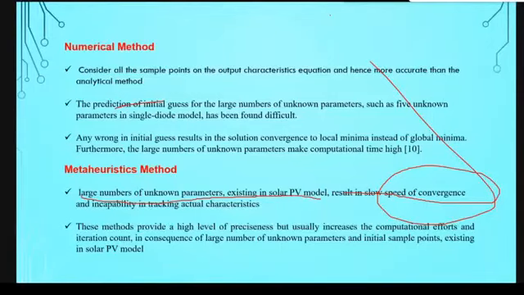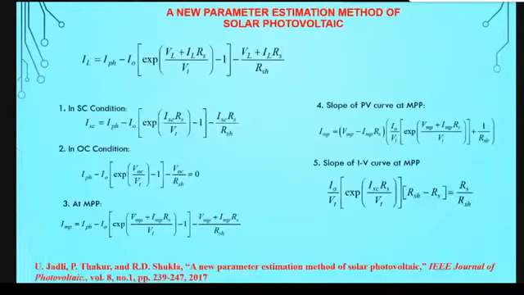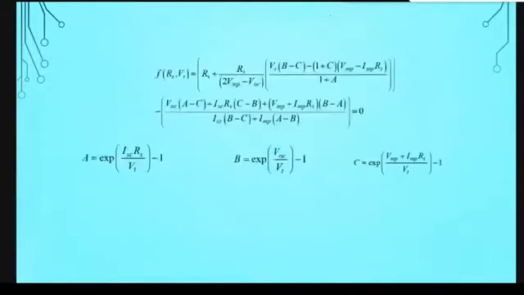Your Rishabh Shukla is also an author of this paper, which is published in IEEE Journal of Photovoltaics. This is a very good paper, published in 2017. In this paper, basically what we have done is we reduced the model of the solar photovoltaic system and developed an equation. This is the equation which is developed in this model.